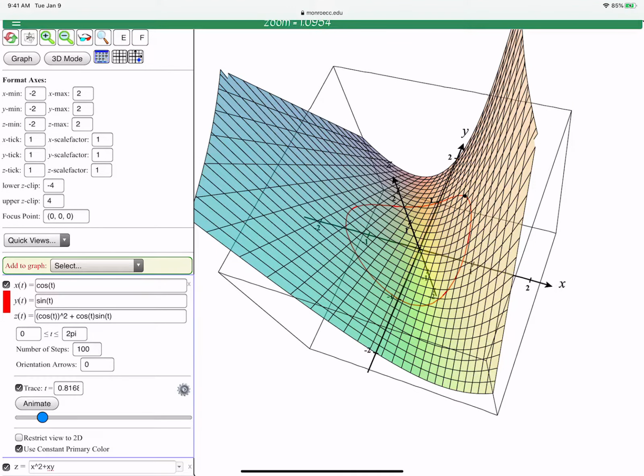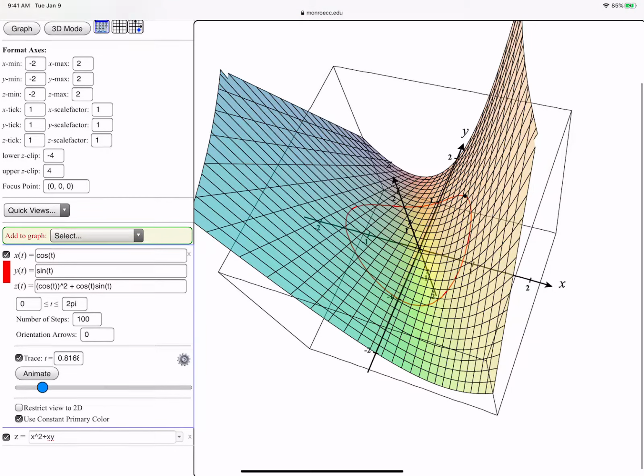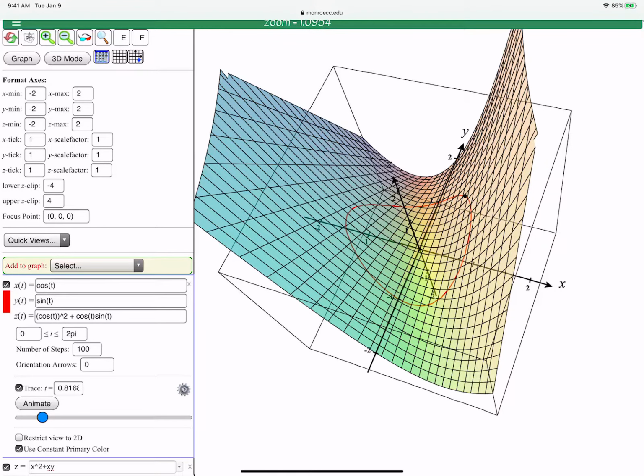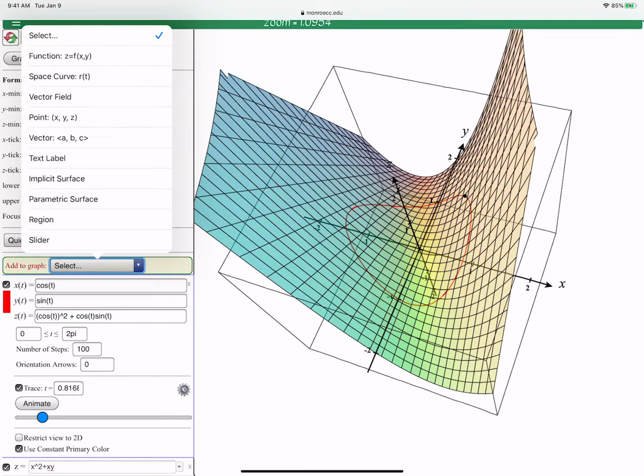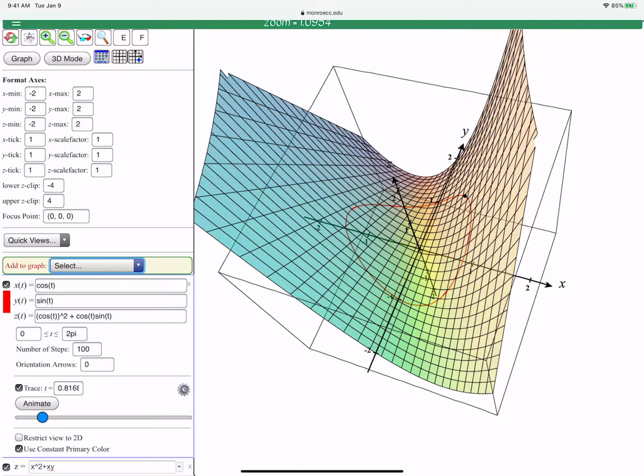So if you look over on the left-hand side, way down at the bottom, you can see our z is equal to x squared plus xy. So that's our function, that's the surface that we're seeing. And then I selected a space curve. So this is one of our vector valued functions. And I plugged in x of t, I put cosine of t, y of t, put sine of t, and then z of t, I graph.